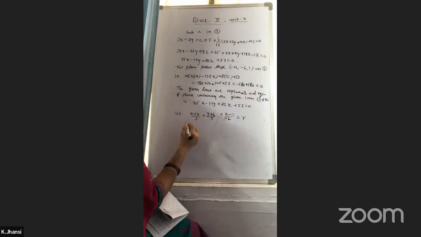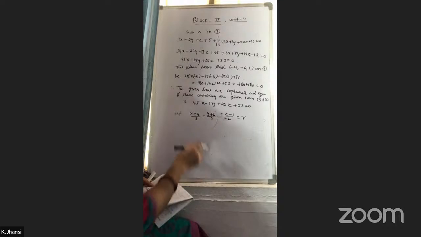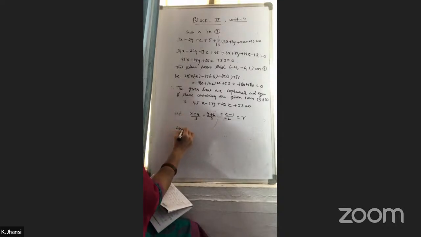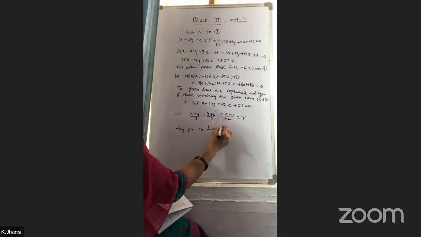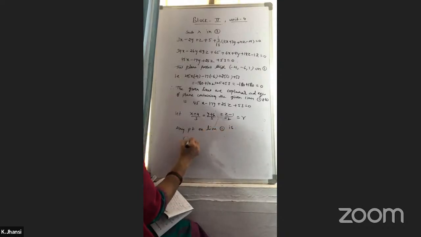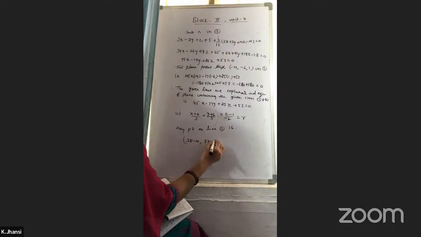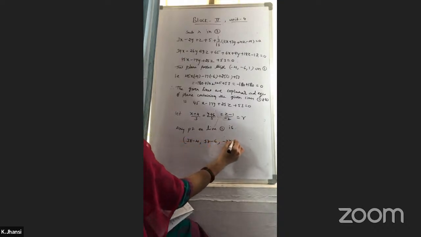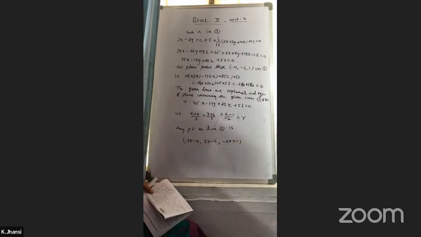When you do the cross multiplication, any point on line 1 is 3r minus 4, 5r minus 6, minus 2r plus 1. Okay. So this is the point which is on line 1.